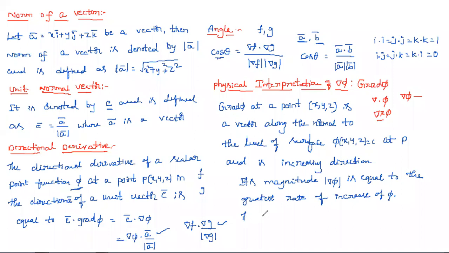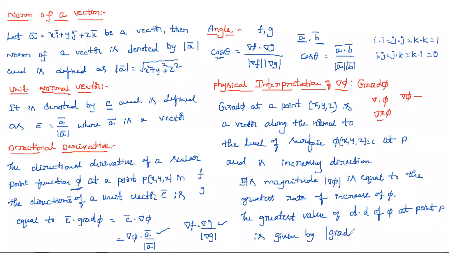In other words, we can say that the greatest value of the directional derivative of phi at point P is given by modulus grad phi.